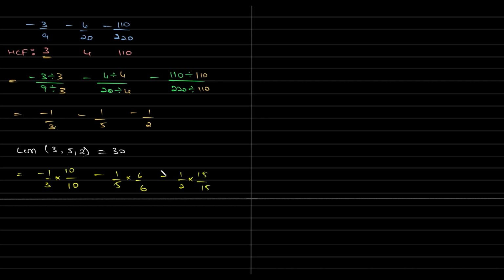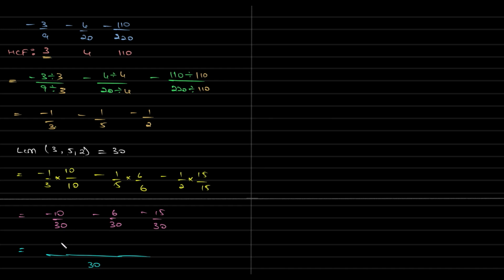15 by 15, minus 10 by 30, negative 6 by 30, negative 15 by 30. All are of the same sign. So with that in mind, I'm going to write here 30, right?